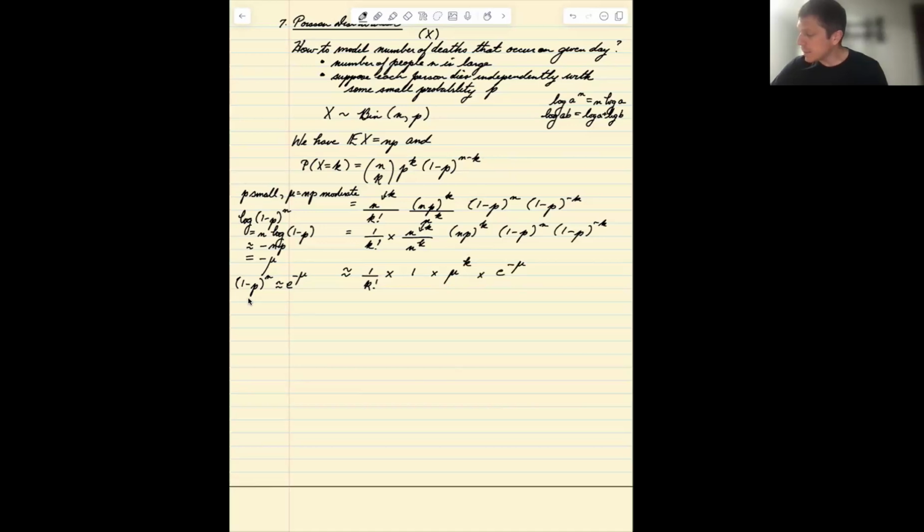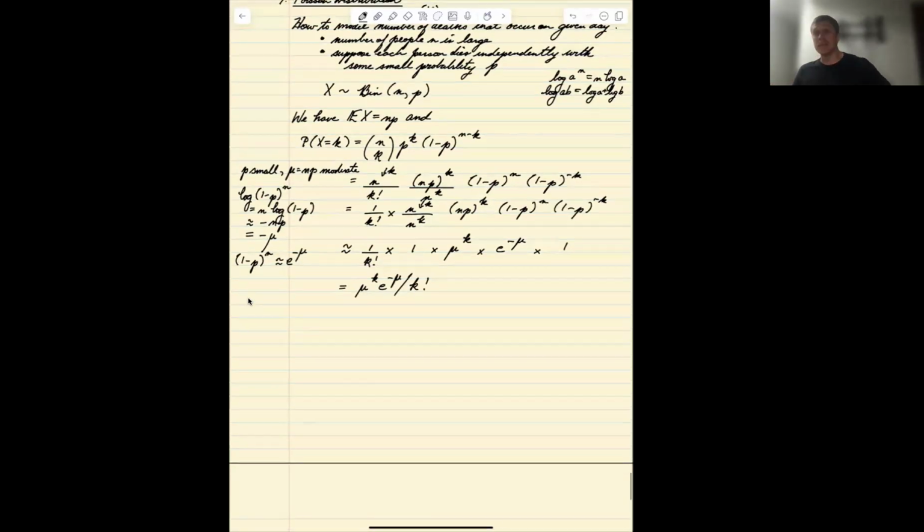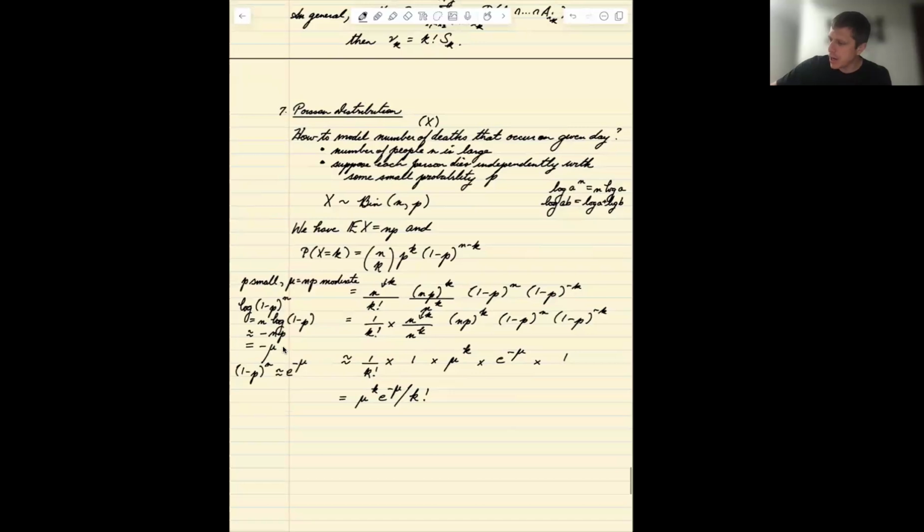And (1 minus p) to the minus k is like 1 because p is small, so it's 1 minus something really small, like 1 minus 0 to a power. If you put this all together, what we're left with is mu to the k, e to the minus mu, over k factorial. And this is an approximation. This is how we derive an approximation in the case where p is small, n is large, n times p is moderate. But this is where we actually derive the Poisson distribution.